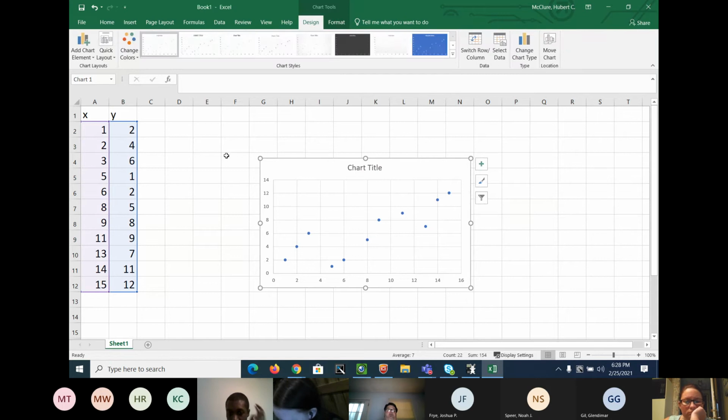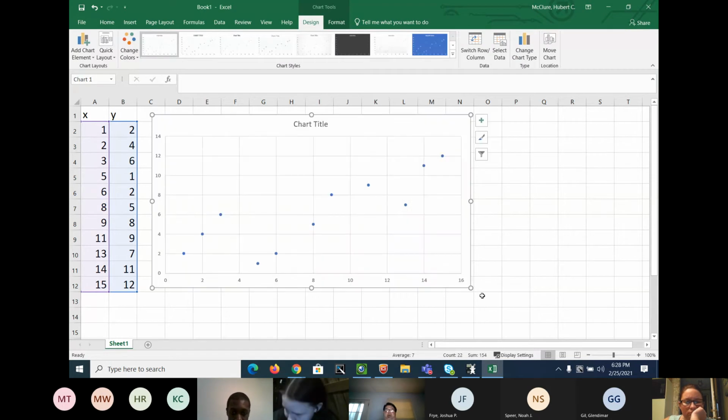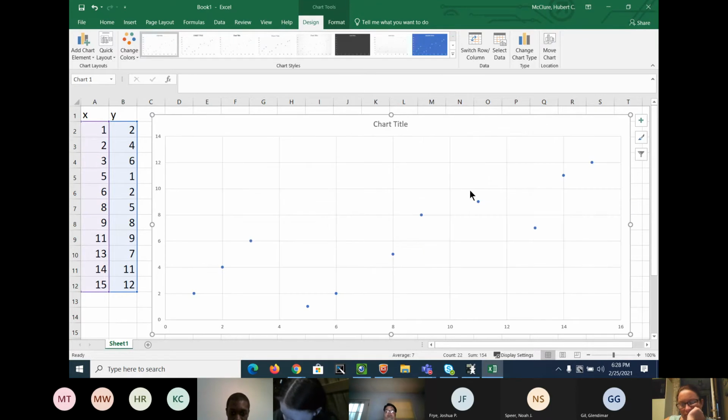So I want you to make a little note in your notes of what a scatter plot looks like. It's just got a bunch of dots. Now, you should be able to do a scatter plot on your calculator or your Excel spreadsheet for the test. So make sure you know what a scatter plot looks like.